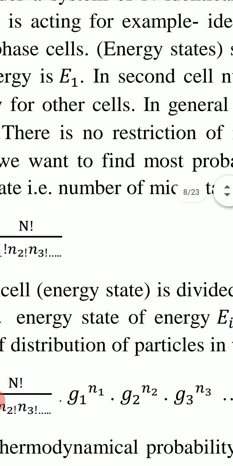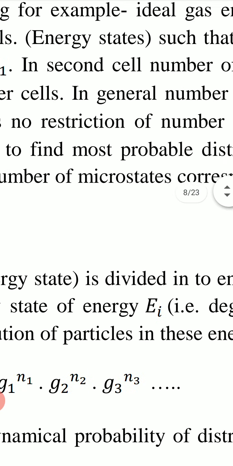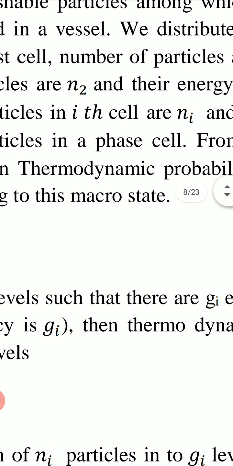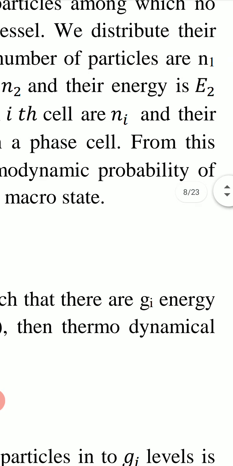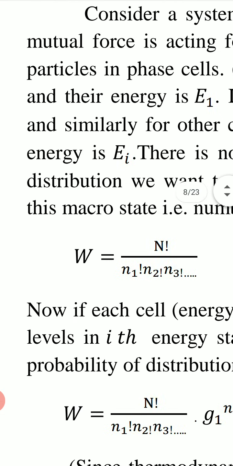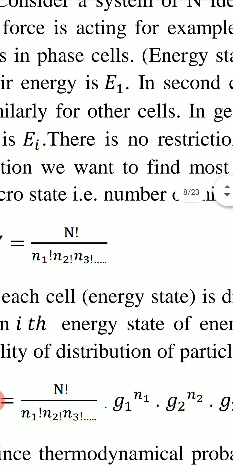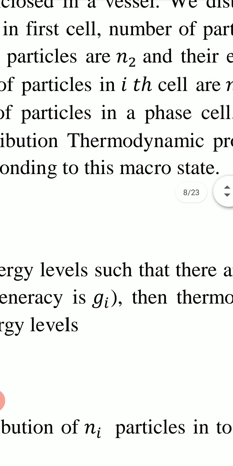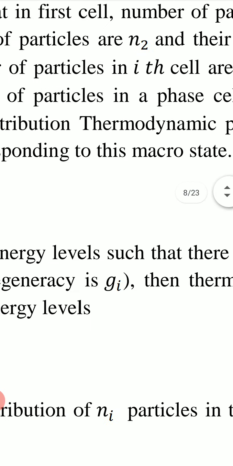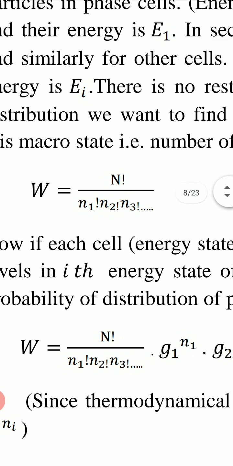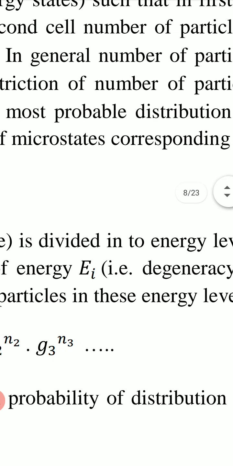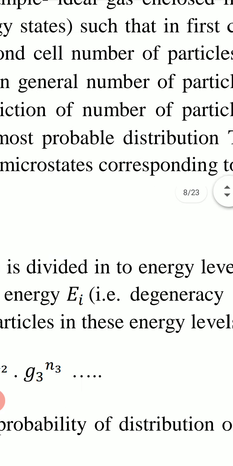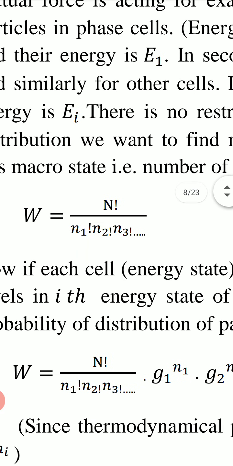N2 particles have energy E2, and so on. In the second cell the number of particles is N2 and their energy is E2, and similarly for other cells. In general, the number of particles in the ith cell is Ni and their energy is Ei.